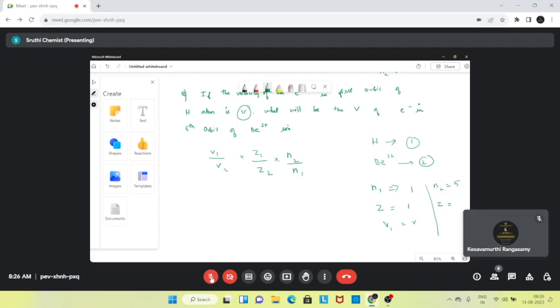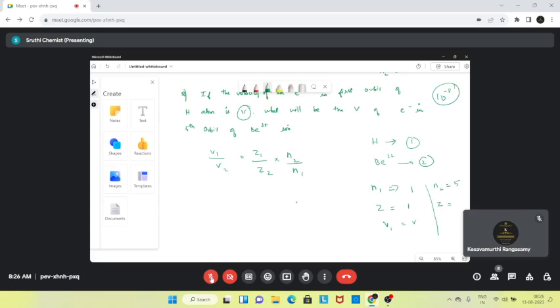But once it absorbs energy, the electron will be excited into even the 10th orbit. Whenever an electron absorbs energy, it will move into a higher energy state. But in the higher energy state, it will stay only for 10 to the power of minus 8 seconds, a very, very short time. Again it comes back to the ground state. Here we are talking about the excited state configurations.